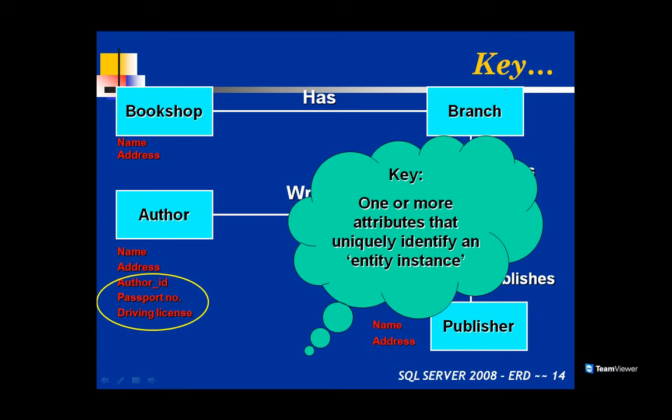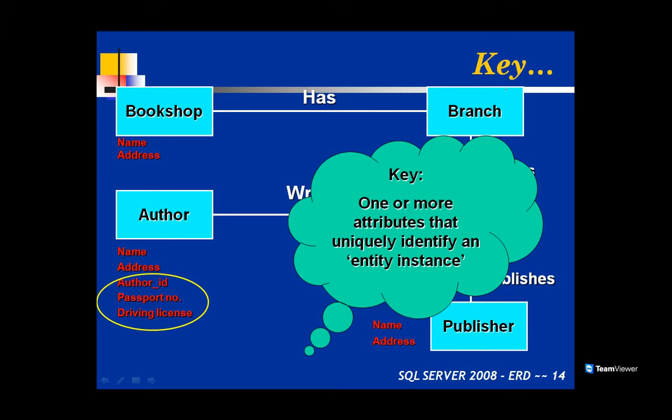Thank you. So you have author ID, passport number, DL number, all these three called candidate keys. Out of the candidate keys, you have to choose one key as the primary key. The remaining keys would be alternate keys. That means author ID would be the primary key here, and passport number, driving license number, cell phone number, Aadhaar card number are called alternate keys.